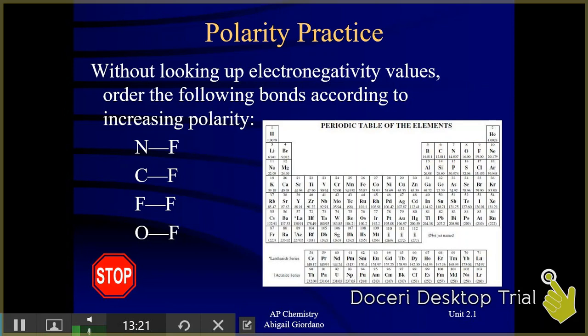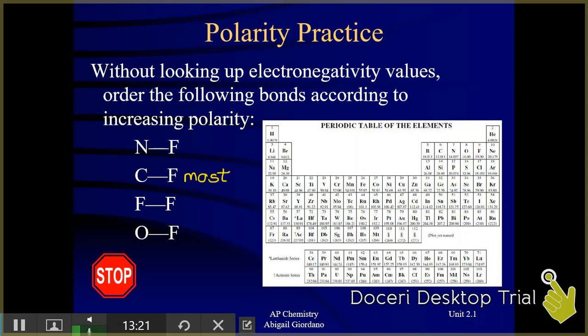Of those 4 elements that we're looking at, carbon is the least electronegative. So we are going to see the greatest difference in electronegativity between carbon and fluorine. This is the most polar bond.